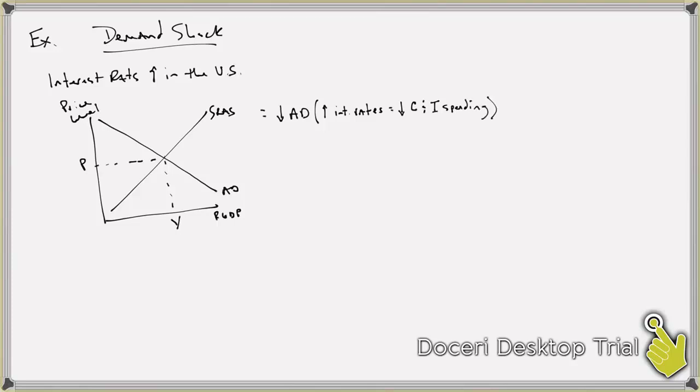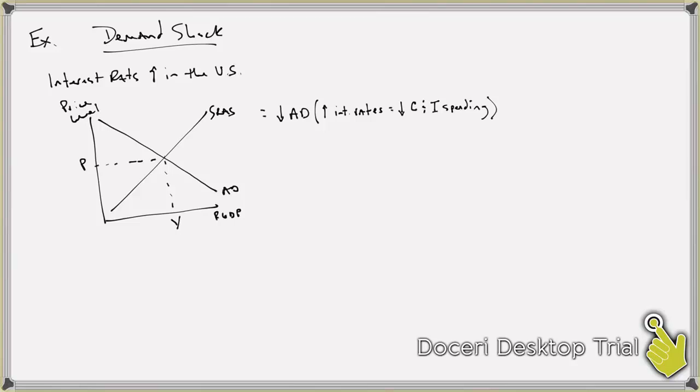And that's just the components of aggregate demand that are going to change because of this interest rate change. So every time interest rates change, businesses and individuals in that economy are going to either borrow and spend more or borrow and spend less, depending on what that change is. So now that I've identified the change in my graph, because aggregate demand is going to change, I'm going to graph that change.